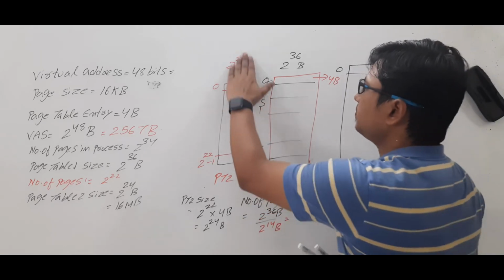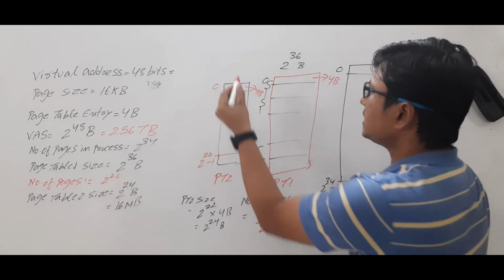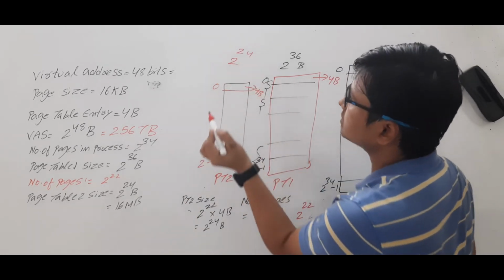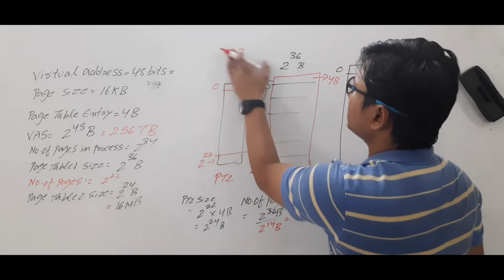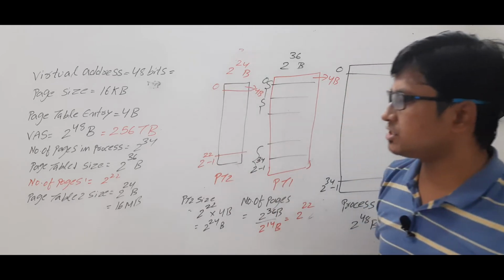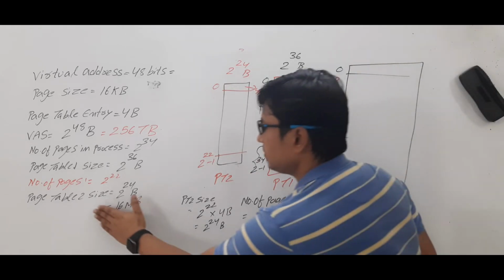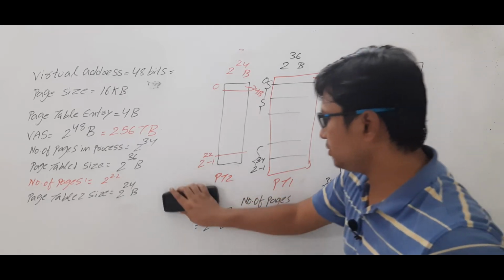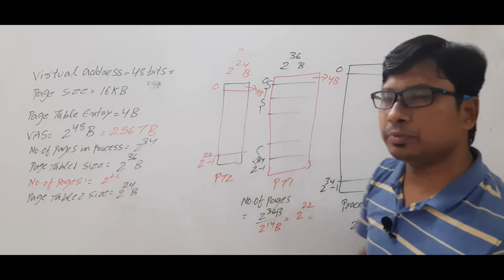So the size of this page table 2 is 2 power 24 bytes. I hope it is visible for you. Let me write here: 2 power 24 bytes is the page table 2 size. Are you able to understand it or not? Now again you have to divide this into multiple pages.